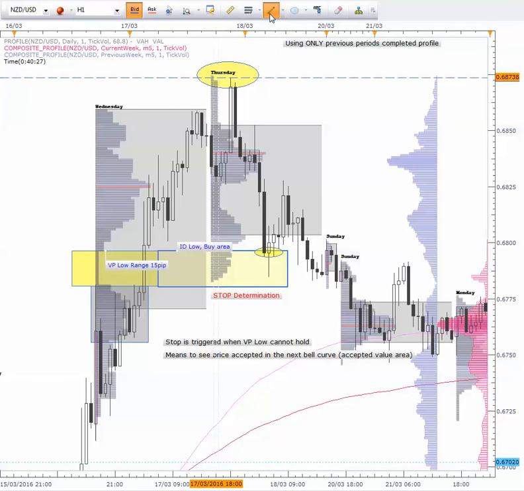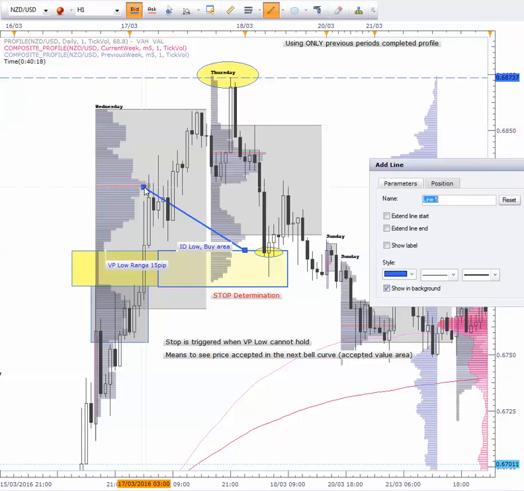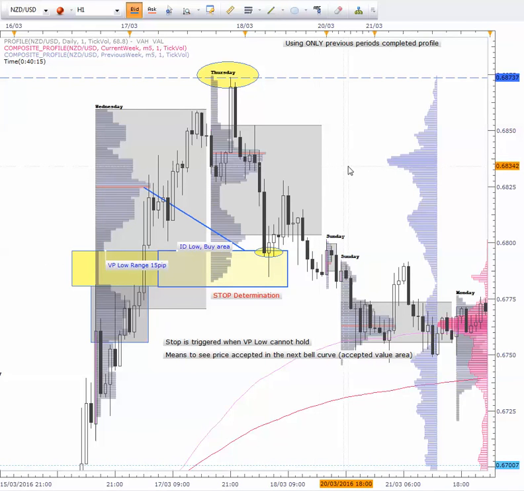The first target would be back up to the point of control from the previous volume profile. We know that's where price is comfortable, because that's what it was for the previous day, and we could target up there, and that target would be 29, 30 pips or so.